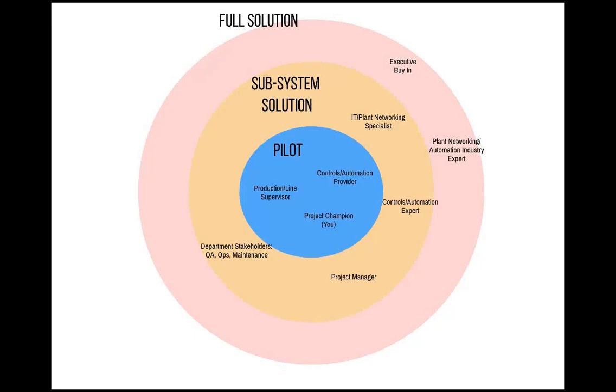You're probably actually going to want to potentially outsource again to find an automation industry expert that can tell you not just how individual PLCs can interact on the network, but how they can all interact together. You might even want to consider upgrading your project manager status up to program manager, somebody who can manage multiple projects at once and bring them together to have a common goal.